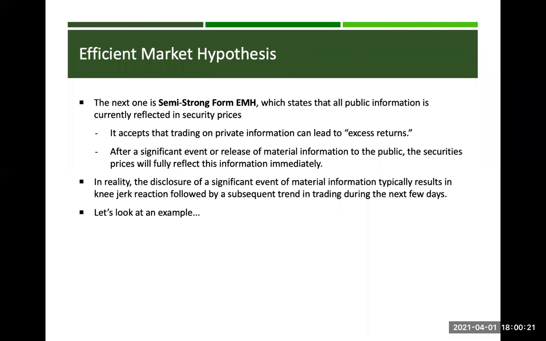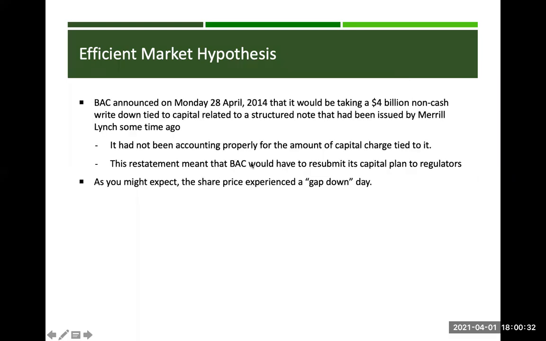And it tends to be a little bit bigger and longer if it's a negative event or negative impact as opposed to a positive impact. So let's look at an example. This is one that I remember very, very clearly.